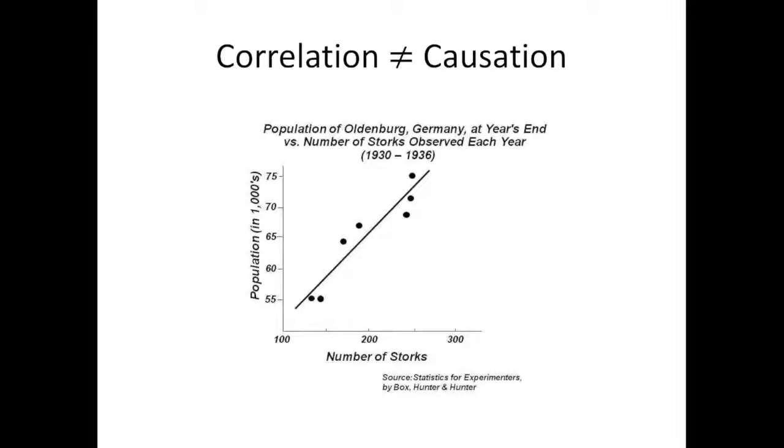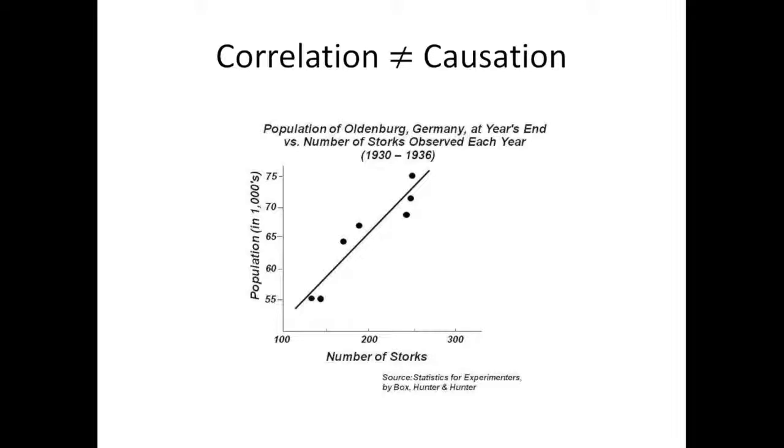Along the x-axis is the number of storks, along the y-axis is the population in thousands. And note here, there appears to be a fairly strong positive linear association. The more storks there are, the larger the population. So one might erroneously decide that an increase in storks causes an increase in population. That seems reasonable because storks carry babies with them as they come to a town. Now, of course, that's not true.